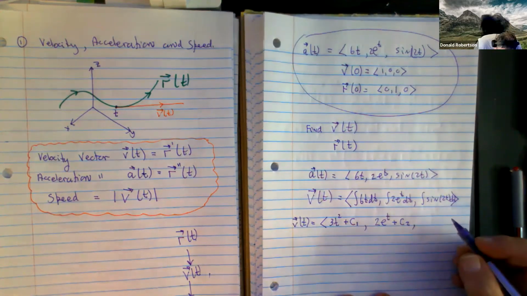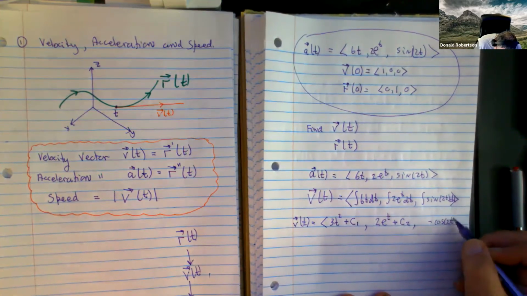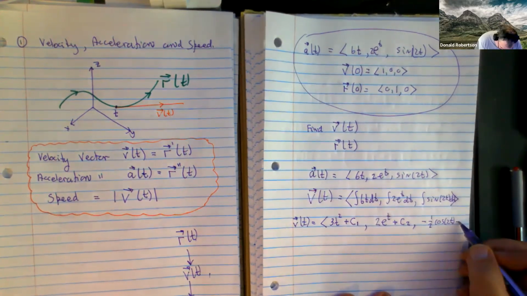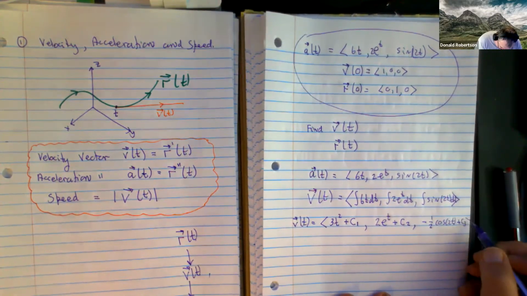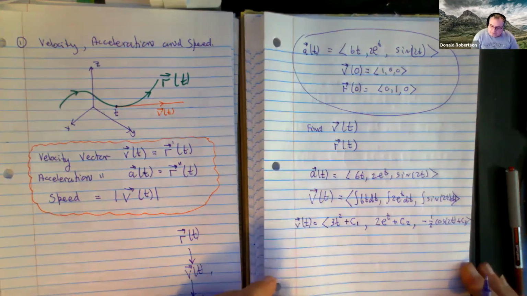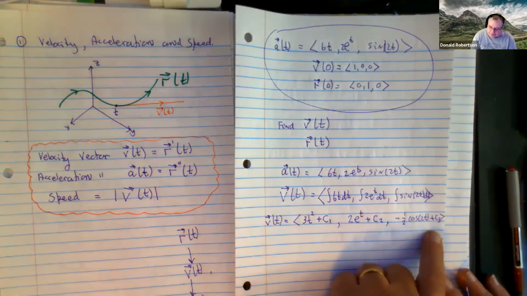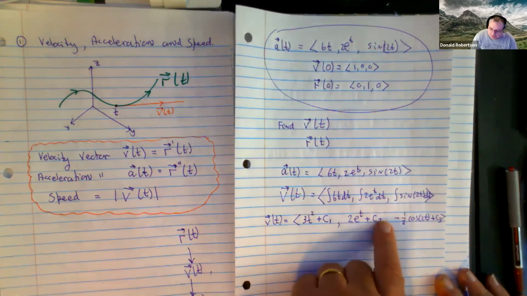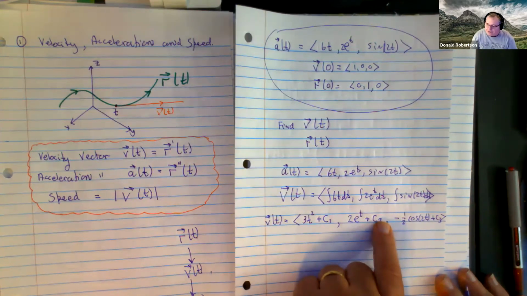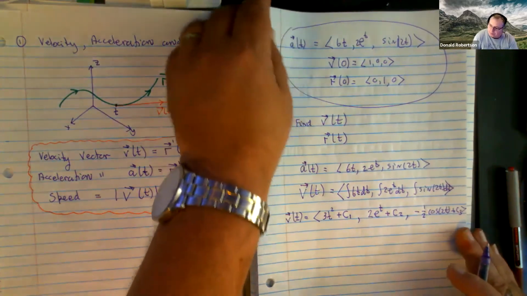And when you integrate a sine, you get a negative cosine 2t, and you divide by the new, so it's negative a half, plus an arbitrary constant, which I'm going to call C3. Now, each one of these arbitrary constants is different, right? That one could be 0, that could be 2, and that could be a million. To indicate that they're different, that's why I have C1, C2, C3. 3 separate integrals, 3 different, probably, arbitrary constants.